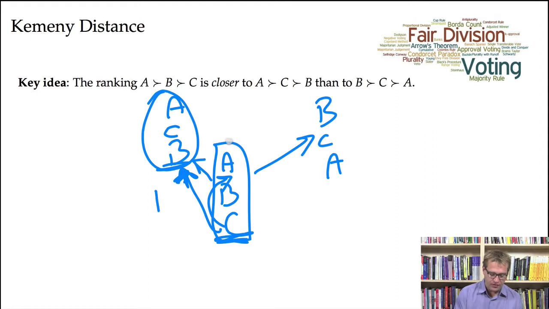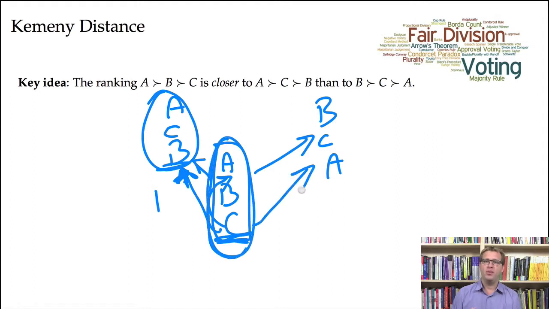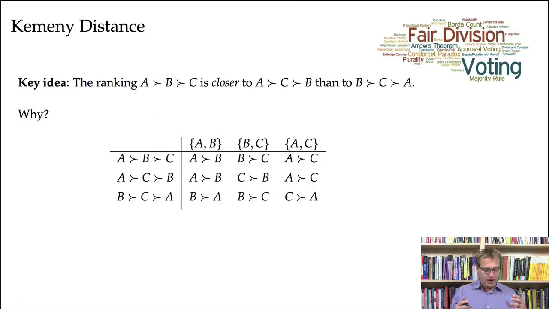But in order to transform A above B above C into this other ranking, we have to make two swaps. We have to move A down to the bottom, and that's going to require swapping A with B and swapping A with C. So the distance there is 2. So Kemeny's idea is very simple. We look at all of the pairs of alternatives, and we ask on how many pairs of alternatives do they disagree.